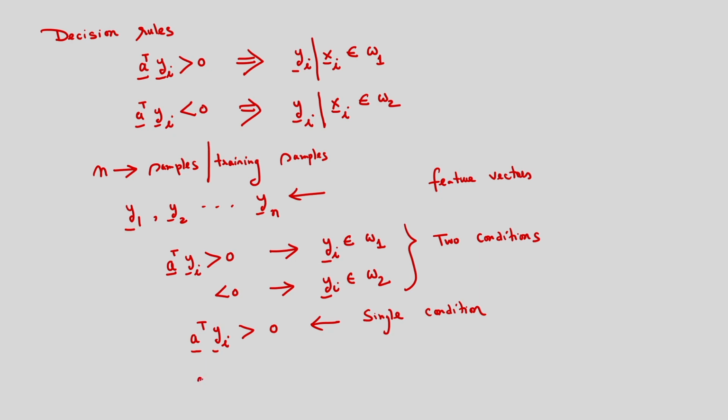And if A transpose yi is equal to 0, we cannot decide. The samples may belong to the class omega 1 or to the class omega 2, and we cannot decide.